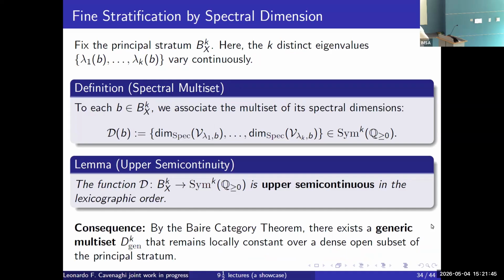These are going to be symmetric numbers in Q. And in quotations again, lemma: the function that associates to these points the symmetric multiset is upper semi-continuous. So in particular, by the Baire category theorem, there is going to exist a generic multiset that will be constant over this dense open set. Okay.